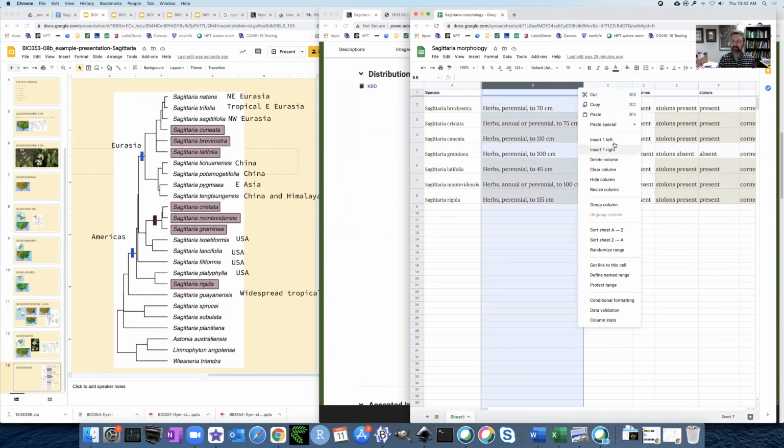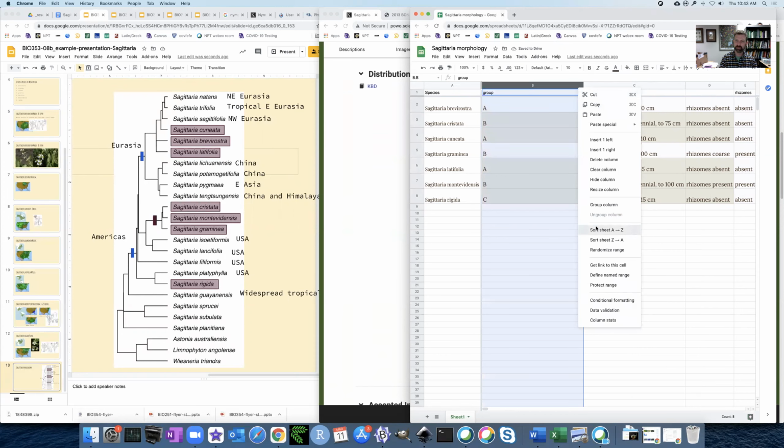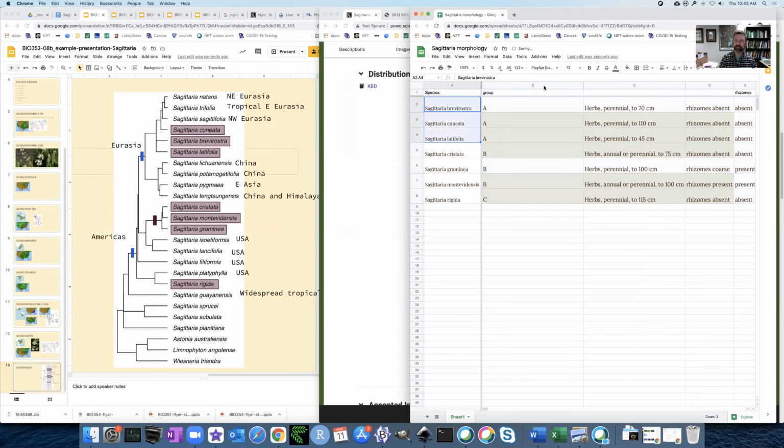And maybe we can do one last thing and just kind of group them. I'm just going to do a hypothesis investigation and put these into groups. So cuneata, brevirostra, latifolia, cristata, multidentata, graminea. And so I can sort by their groups here. I'll put them in colors.